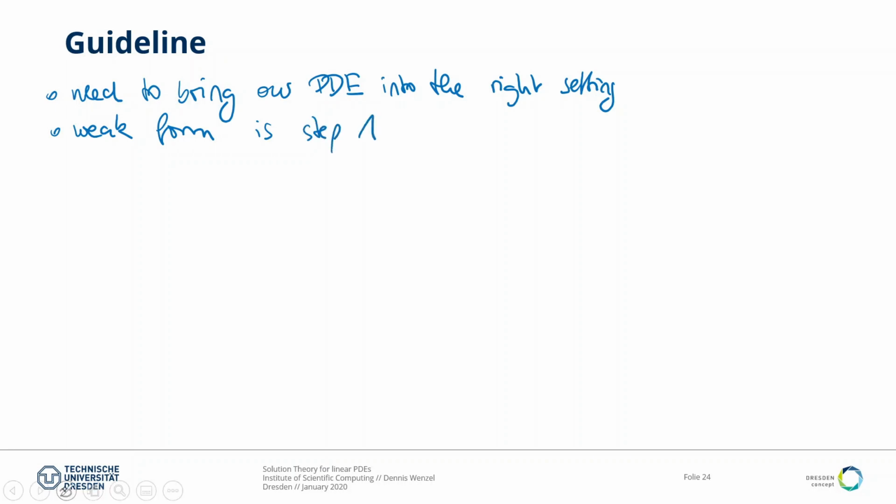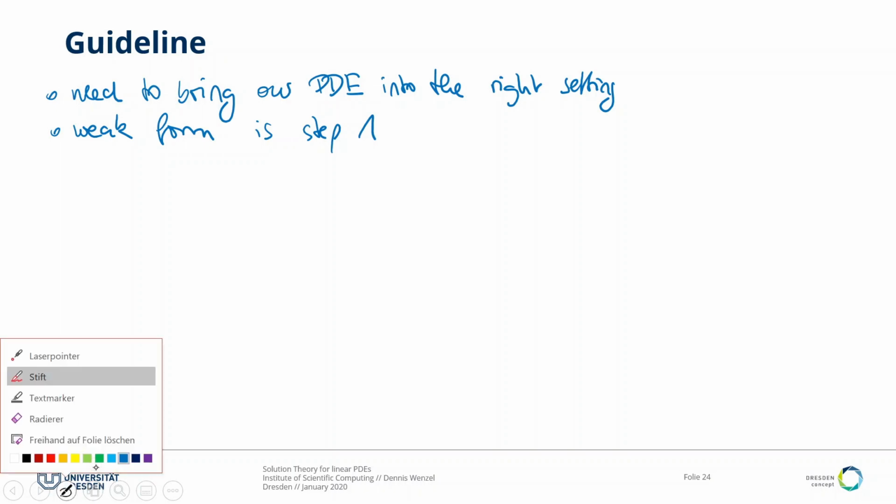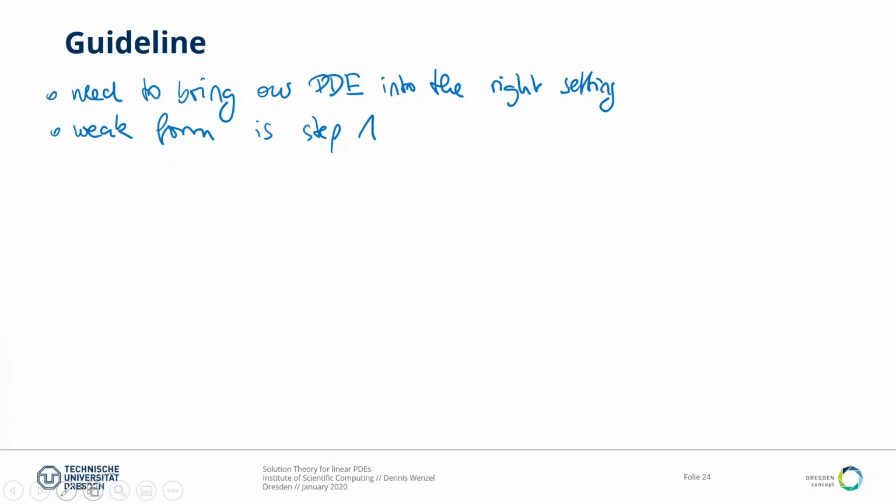And now let's look at the weak form of Poisson's equation with homogeneous Dirichlet boundary conditions. So the simplest thing we had talked about before.